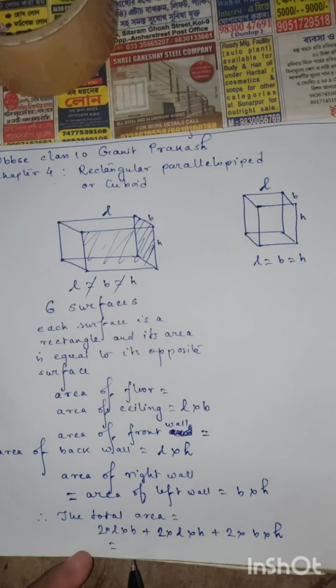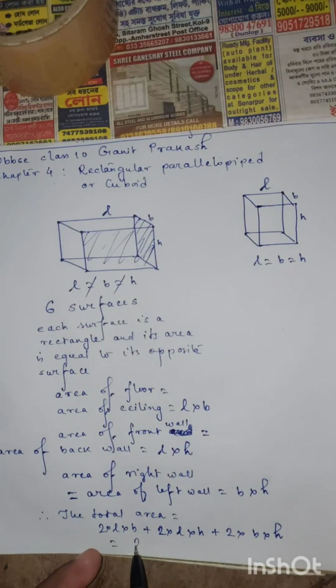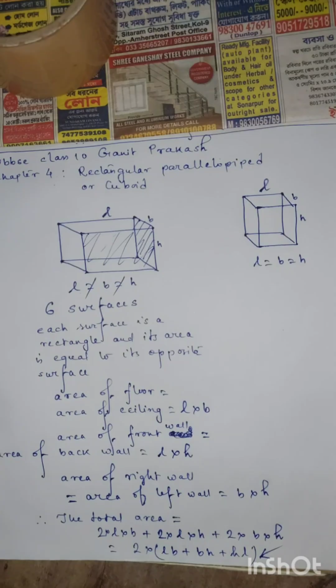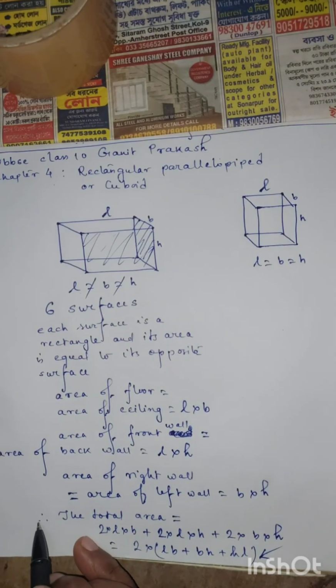So this is our total area. If we take 2 common, then within bracket we have LB plus BH plus HL. So this is our formula of total surface area. I hope it is clear to you up to this point.